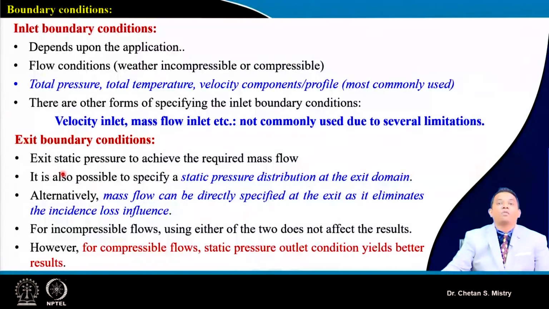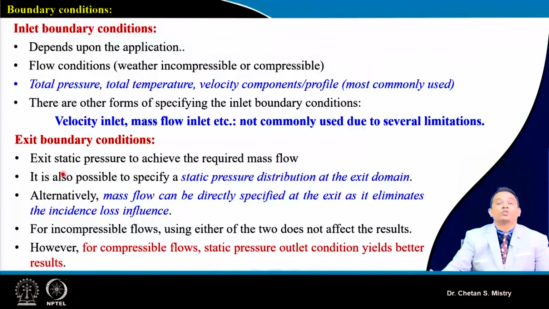So for this exit boundary condition, people prefer to go with a static pressure outlet in order to achieve the required mass flow rate. Just understand one thing: basically we have discretized our domain. So each element we have selected will be solving our three equations: the continuity equation, momentum equation, and energy equation.